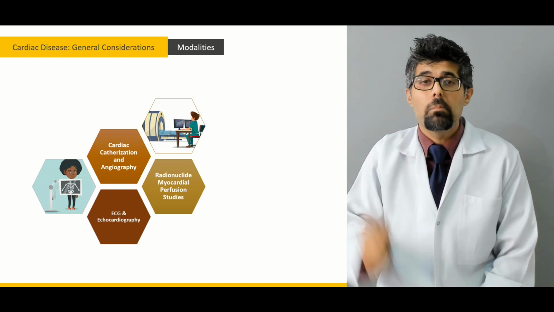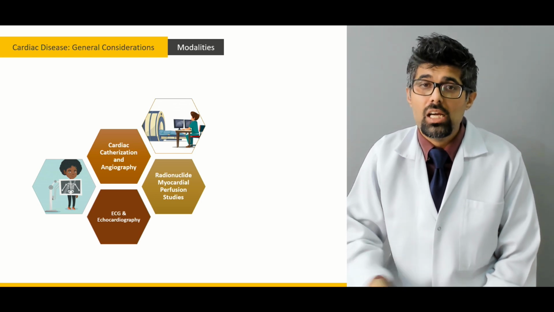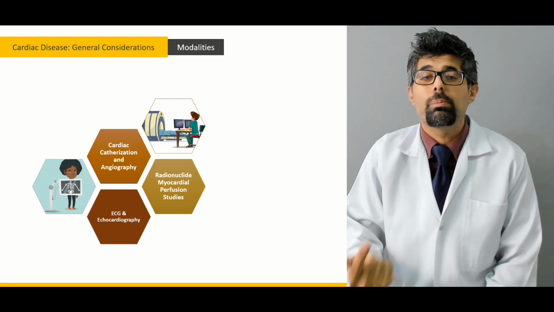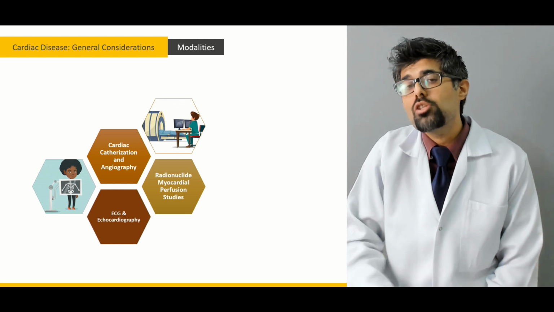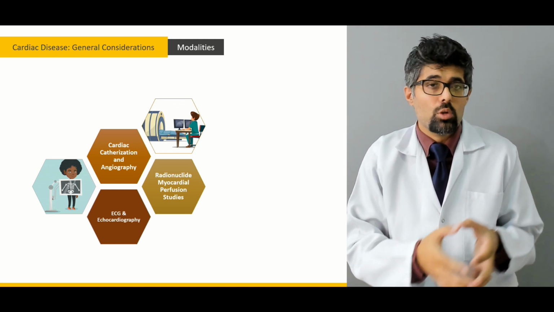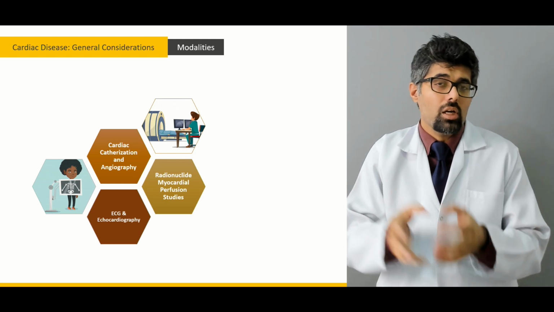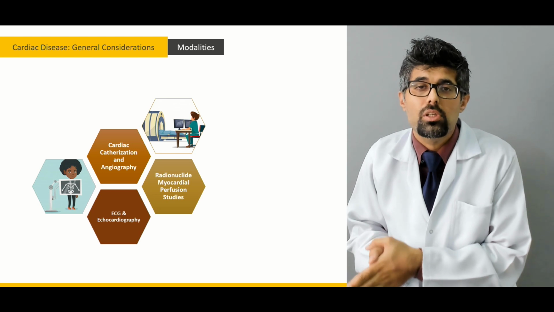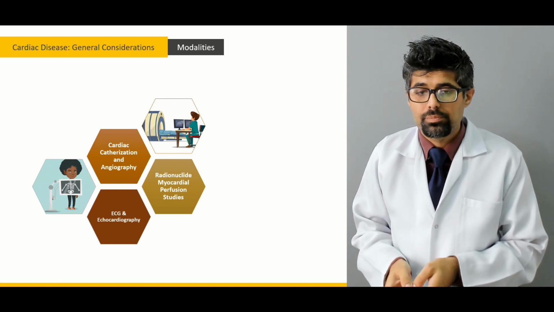That patient must be catheterized first, and then angiography through a dye should be performed. That angiography will give the idea of how much of the coronary circulation is compromised and how much of it is intact.